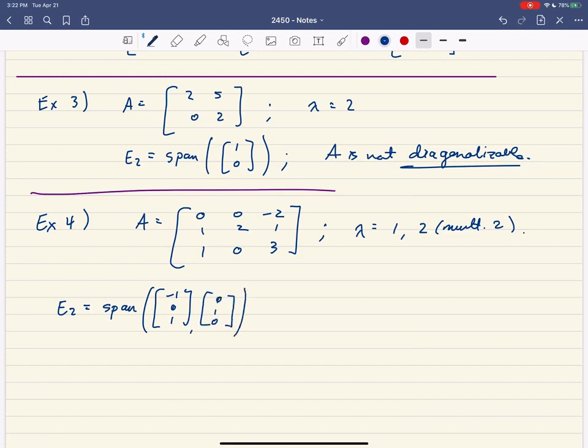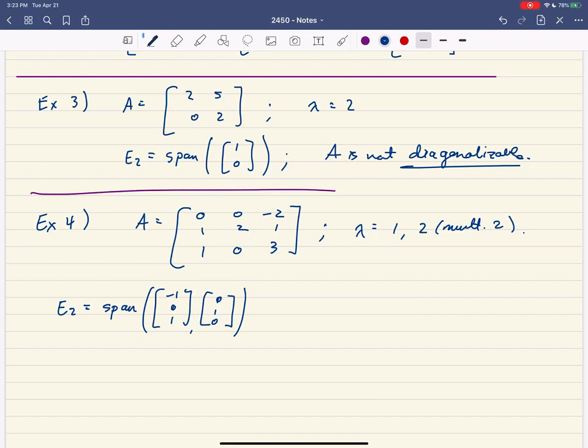So that means that A is diagonalizable, because this is a 2-dimensional eigenspace. Lambda equals 1 corresponds to a 1-dimensional eigenspace, because I always have to have dimension at least 1. And therefore, A is diagonalizable, because if you add up the dimensions of the eigenspaces, you get 2 plus 1, which is 3. A is a 3x3 matrix, and we are good to go.